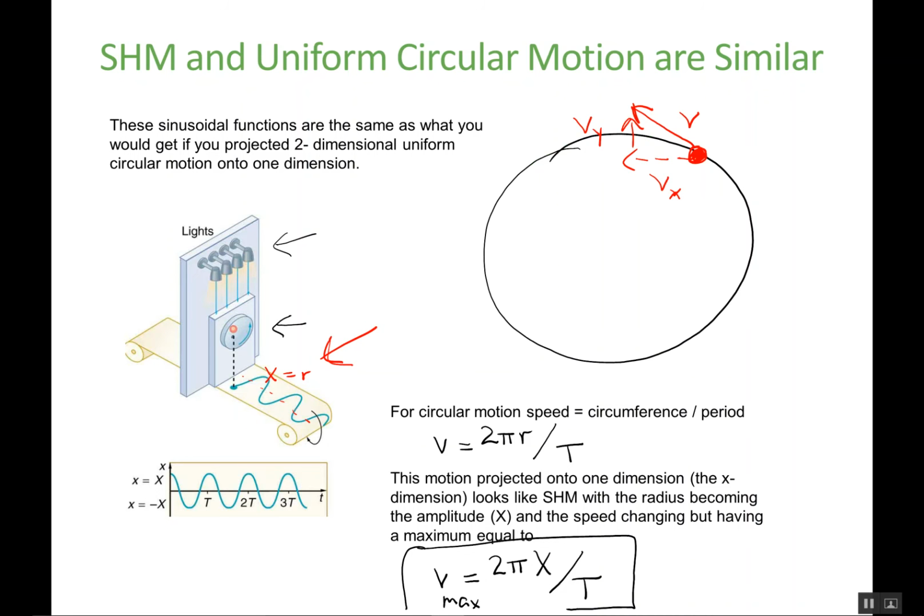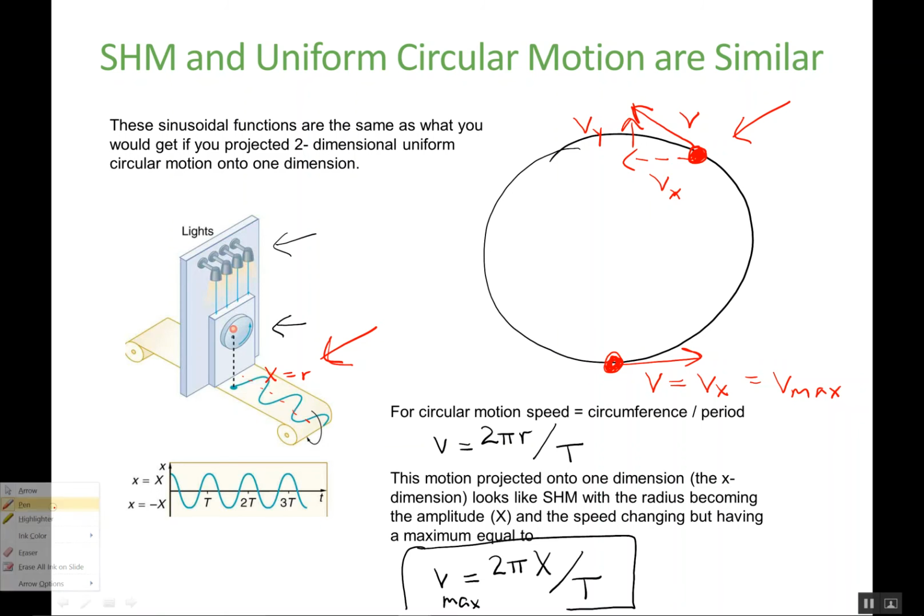And if we take a look at the vector for the velocity of a particle undergoing uniform circular motion, like I've drawn up here, we can think of that vector as having an x and a y component. So when we project this motion, uniform circular motion, which is two-dimensional, onto one dimension, all we see is the x component.